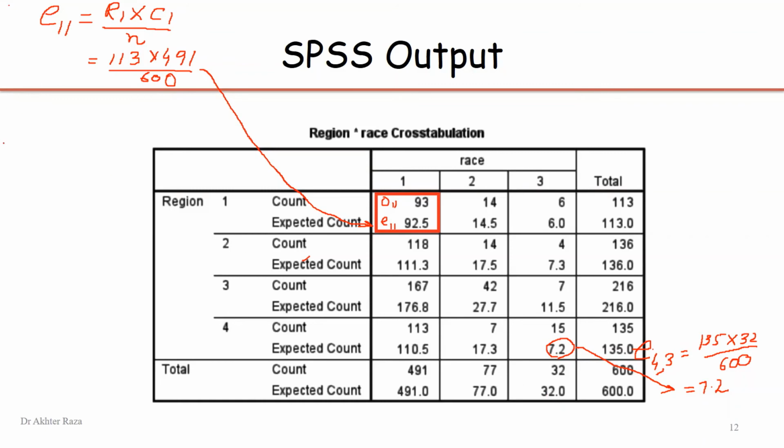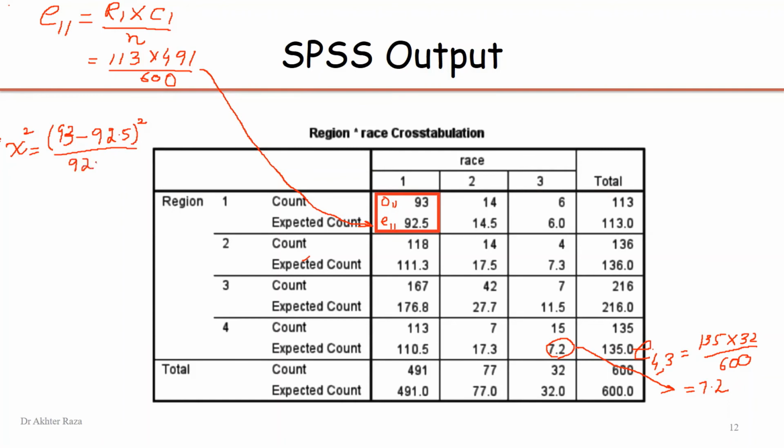The next step is to compute the value of chi-square. Chi-square is equal to the first observed value, 93, minus the first expected value, 92.5, whole squared, divided by 92.5.